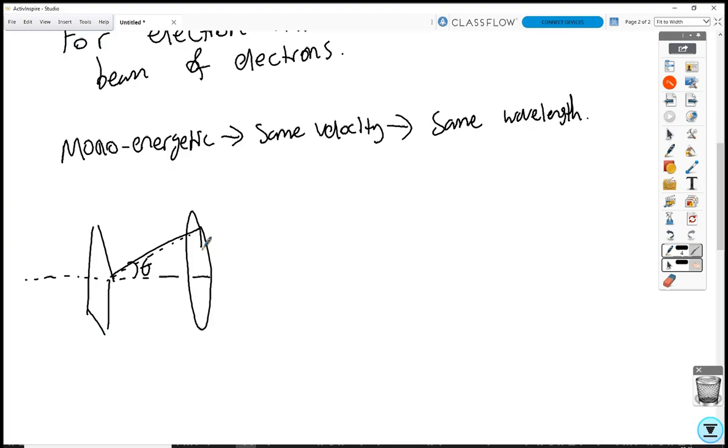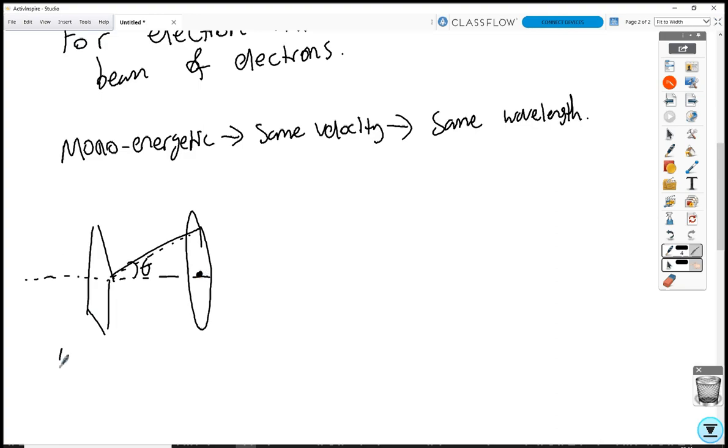So even though that angle is still the same, you can rotate that around when you think about it in 3 dimensions. So it creates a 2-dimensional image on a screen, not a 1-dimensional image. If you think about it as a 1-dimensional image, you think of the maxima and minima. When you think of 2 dimensions, it creates rings on the screen instead. So in the center, you'll have a bright spot directly in the middle, and then you'll have rings surrounding it.